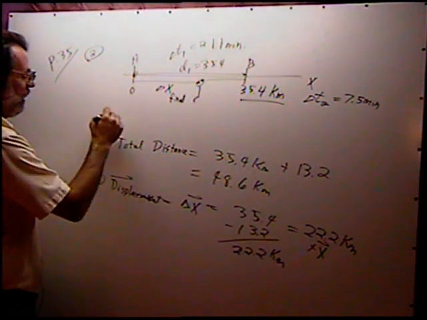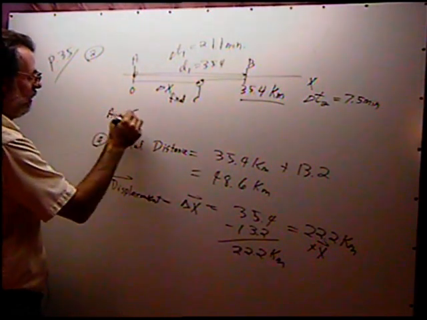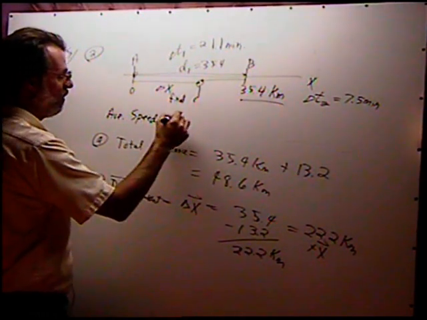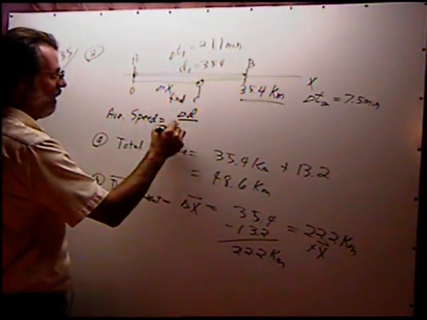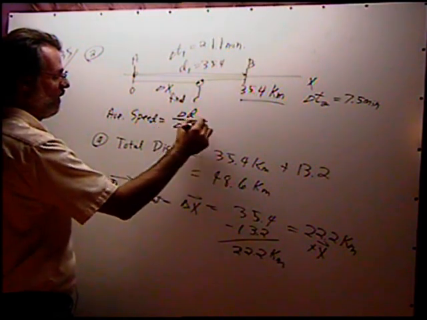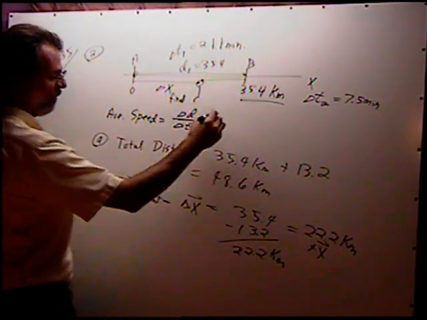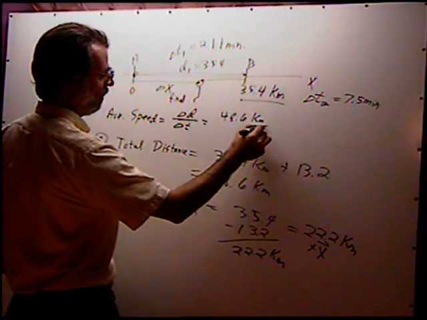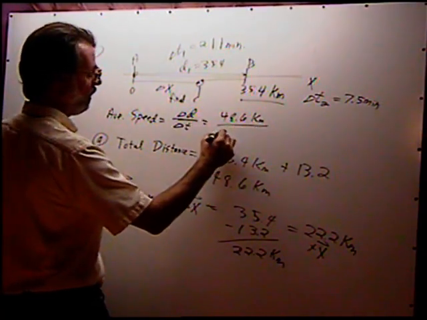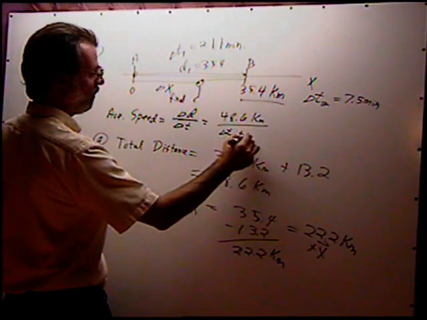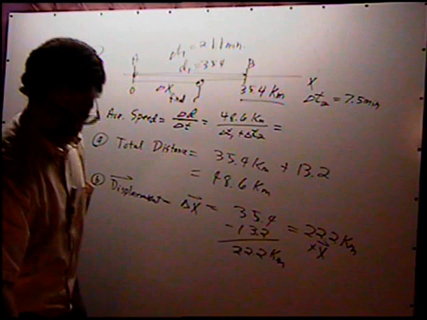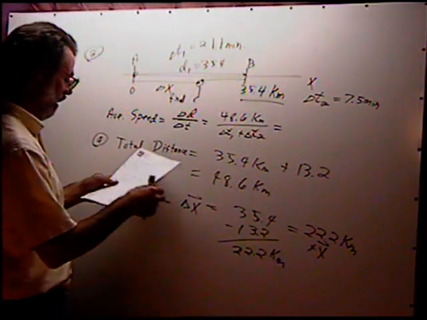The average speed is the total distance traveled divided by the total time. So again, the total distance traveled is 48.6 kilometers divided by the total time, that's delta time 1 plus delta time 2.